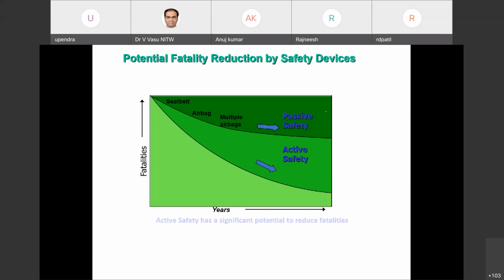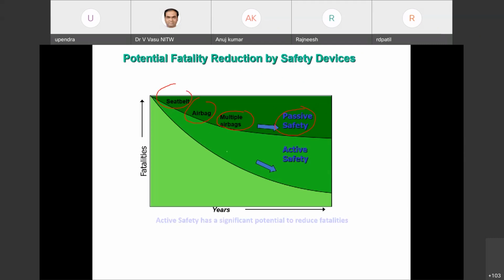Passive safety means your seat belts and airbags opening, or multiple airbags opening. All of this comes under passive safety in the automobile.